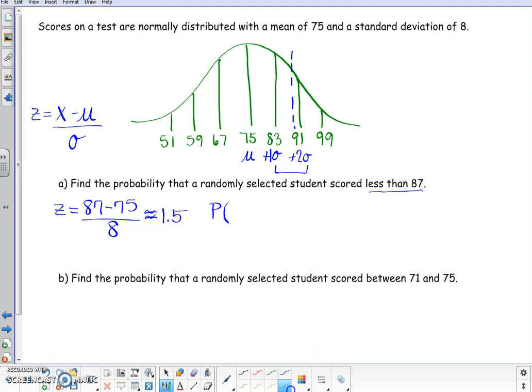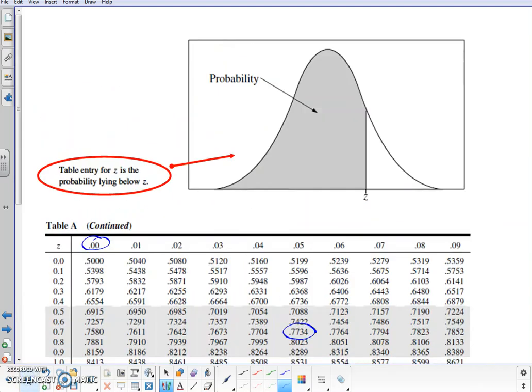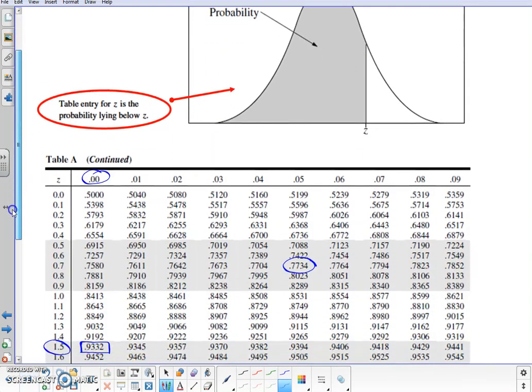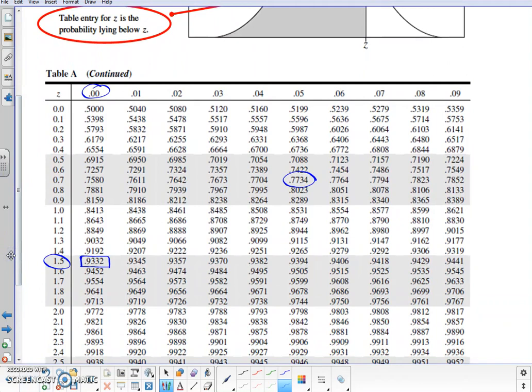So we write our probability statement a little bit differently. We say the probability that z is less than 1.5. So grab your z-table, go to the positive side. Ignore my markings here. We are looking for 1.5.